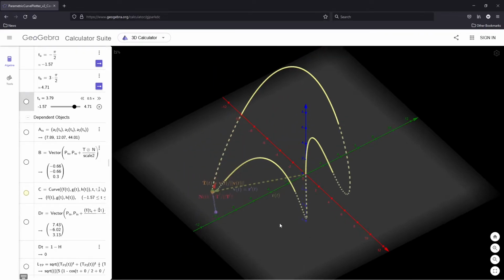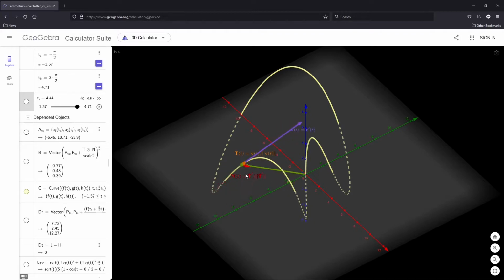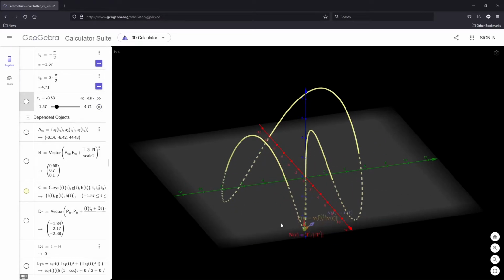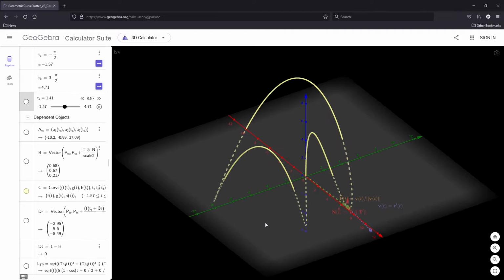It's always perpendicular to T hat right here. So this is very neat.